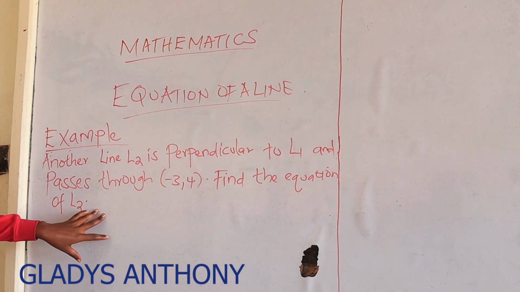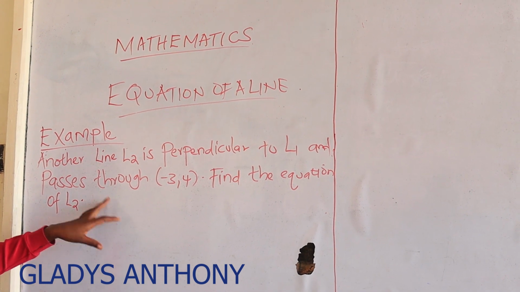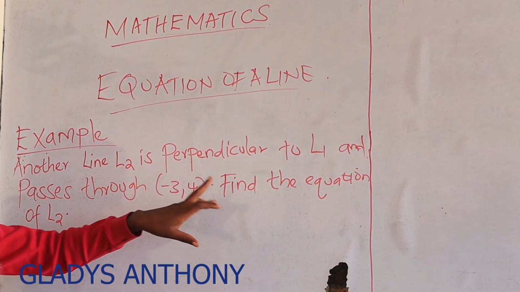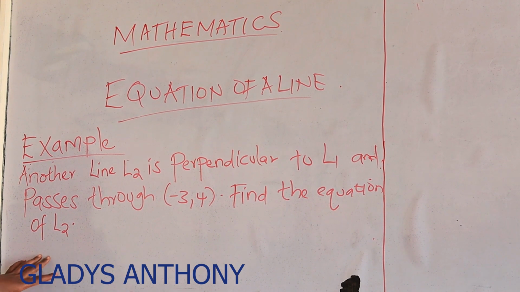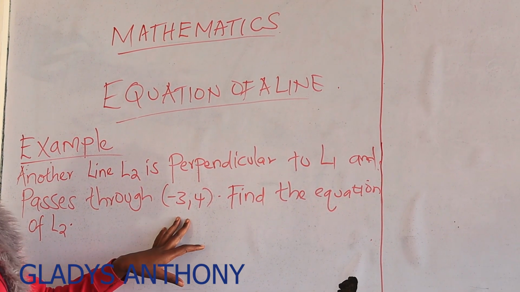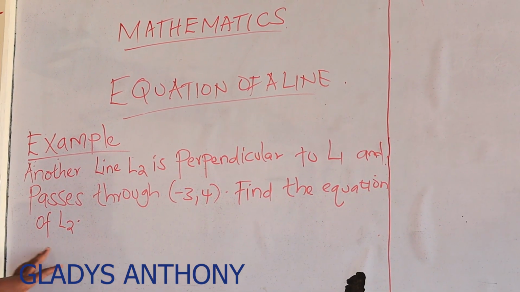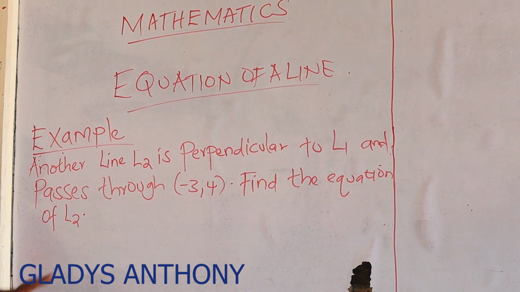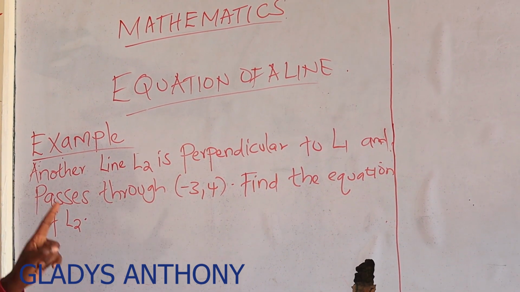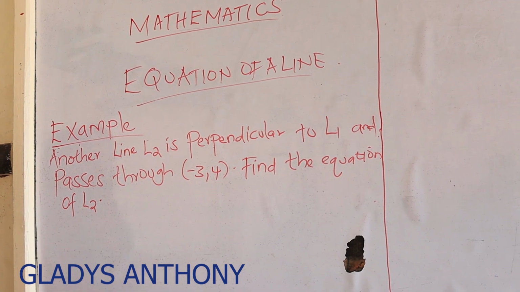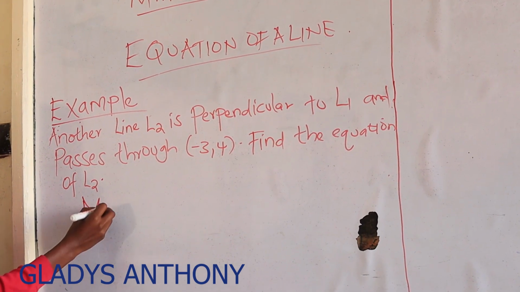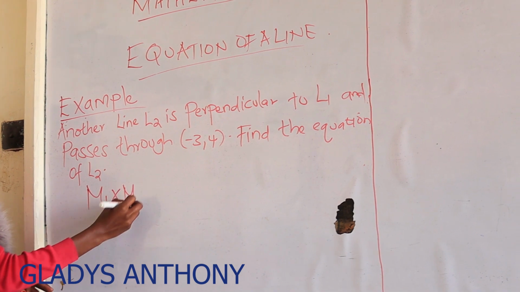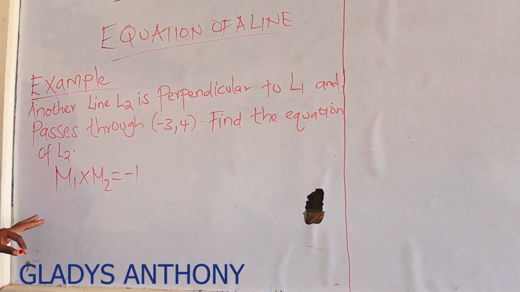The second part of the question says that another line L2 is perpendicular to L1 and passes through the point (3, 4). Find the equation of L2. Remember what we said about perpendicular lines: the product of their gradients should give us -1.